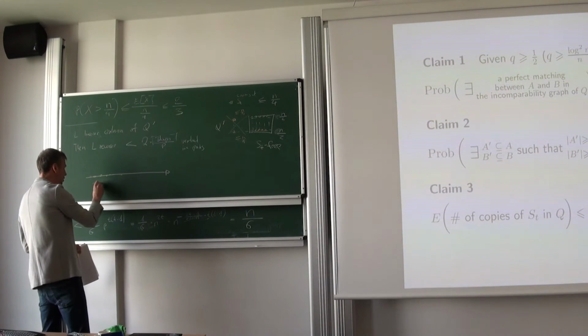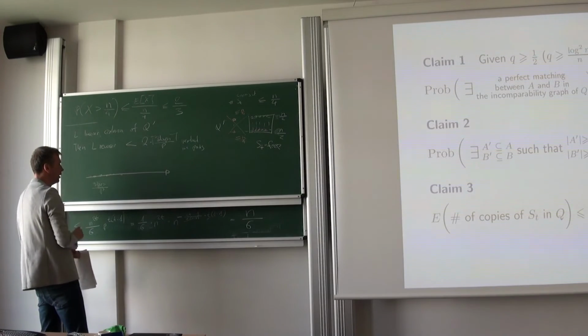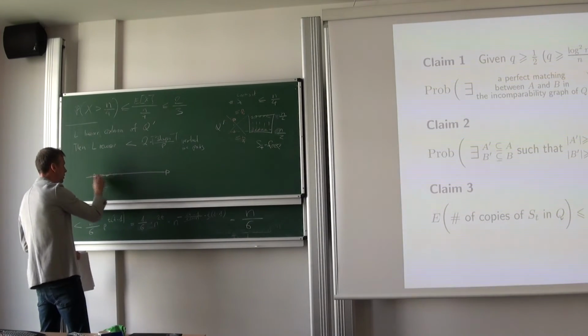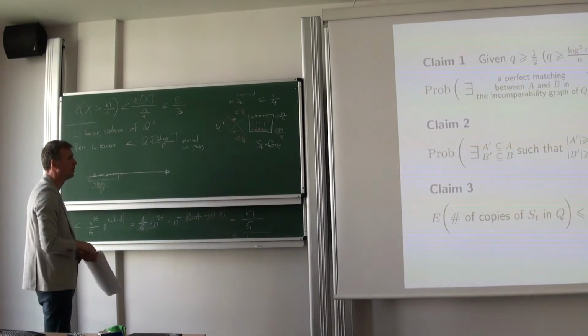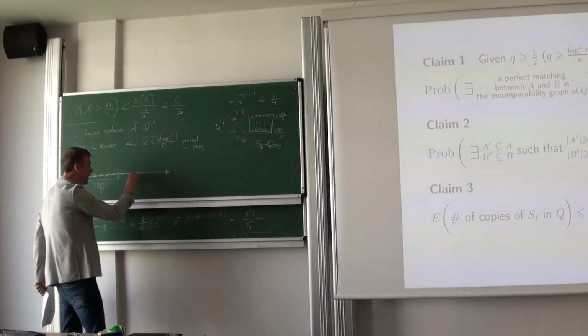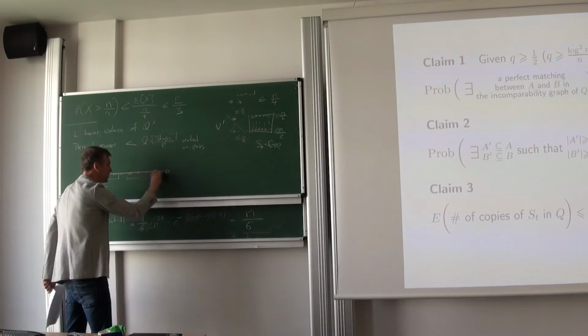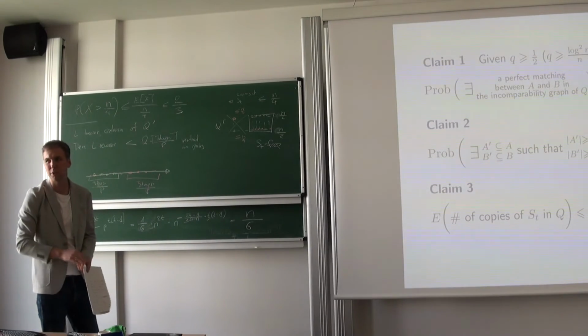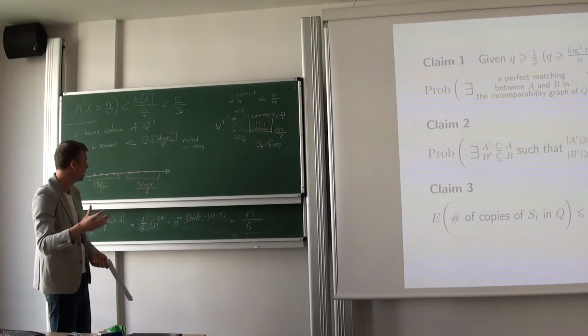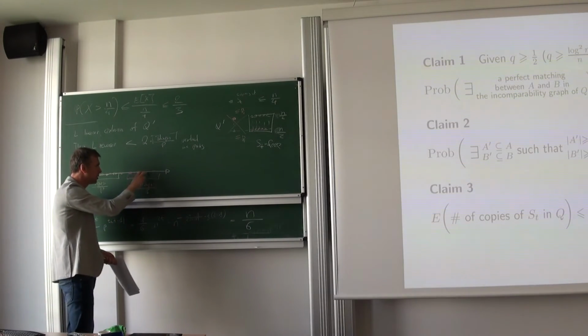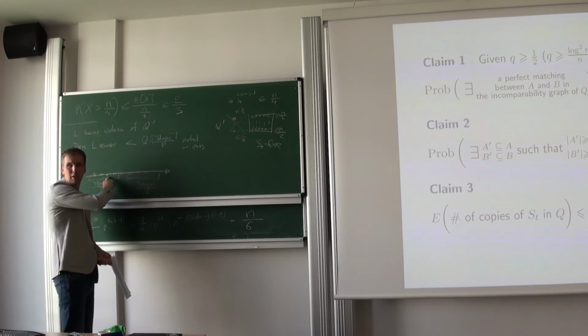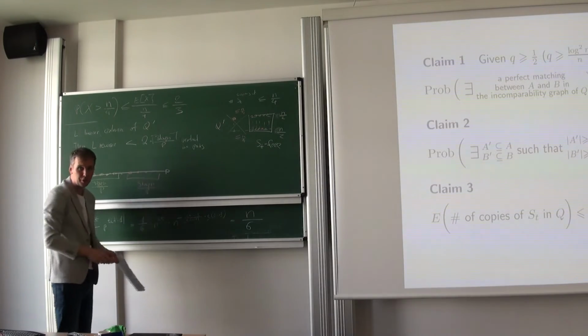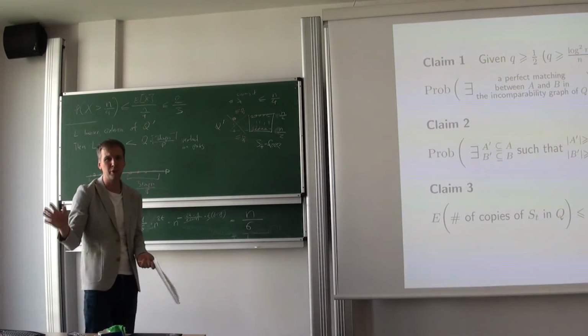There are still 3 log n over p red after them, because we are reversing all of them. This happens in the linear extension. So these are elements of A, these are elements of B, and they are put before in the linear extension, which means that there is no possible comparability between them.